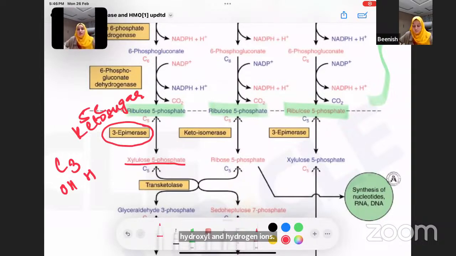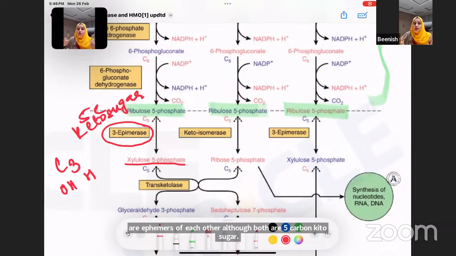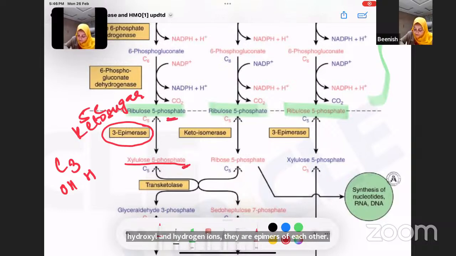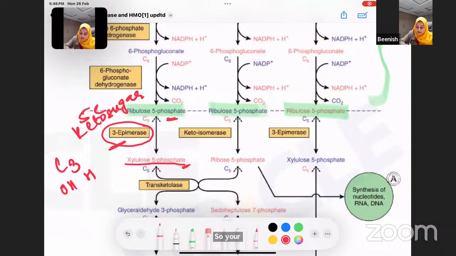In isomerism, you must have studied that ribulose 5-phosphate and xylulose 5-phosphate are epimers of each other, although both are 5-carbon keto sugars. But at carbon 3, due to difference in orientation of hydroxyl and hydrogen, they are epimers of each other. So your ribulose 5-phosphate epimerizes to xylulose 5-phosphate and the enzyme is 3-epimerase.